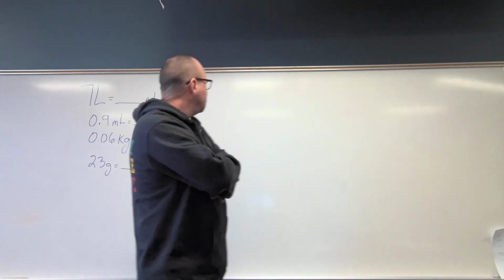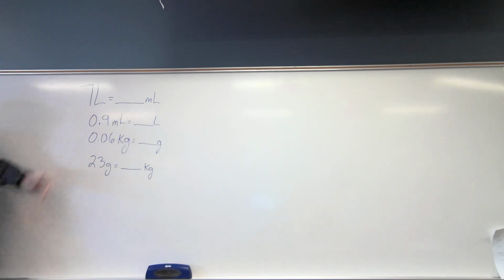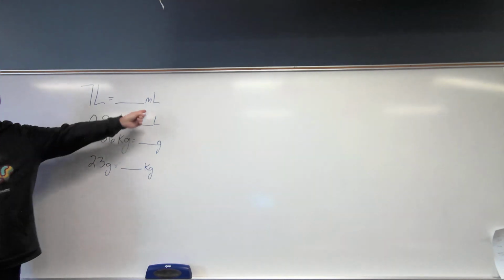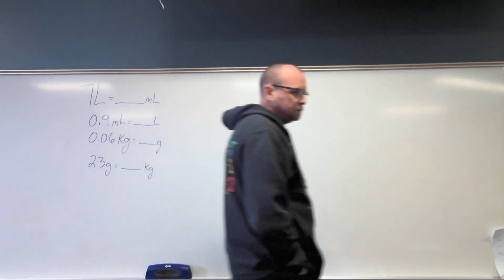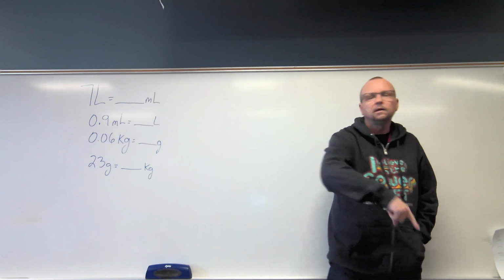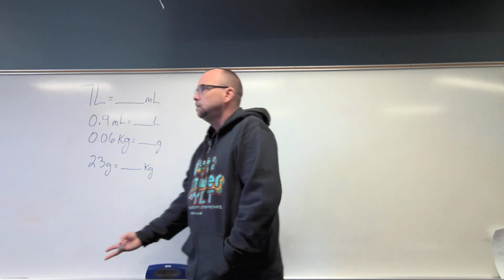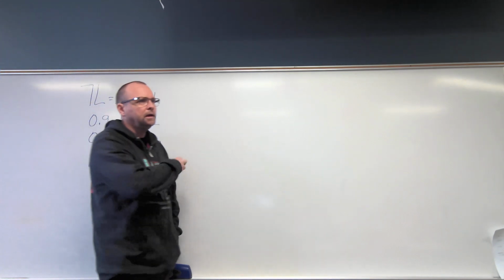So let's start off with, what does the L stand for? Liters. ML? Milliliters. Liters and milliliters. And it's the same in capacity and weight, or volume, weight, and length.